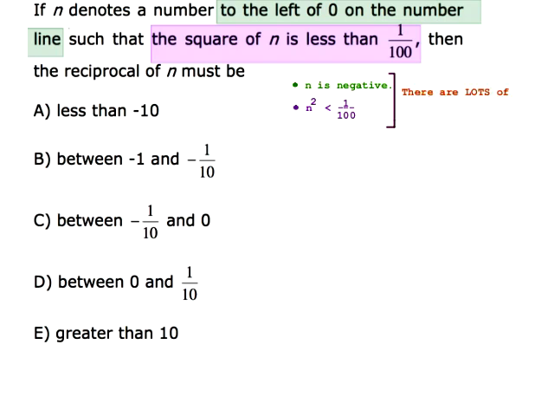So what does that mean we can do? Whenever there are lots of different values that do something, we can just pick one of them.